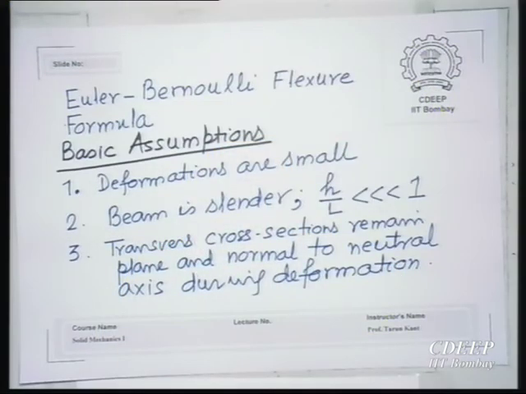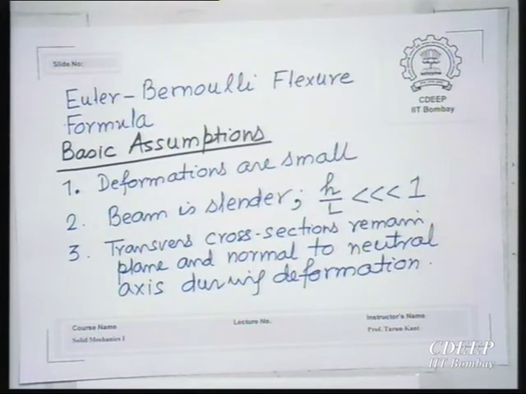What is the consequence of this? One is your strains vary linearly, because this is their cross section. Not only that, what is the displacement in the x direction by the way? Which displacement component is involved in the x direction?